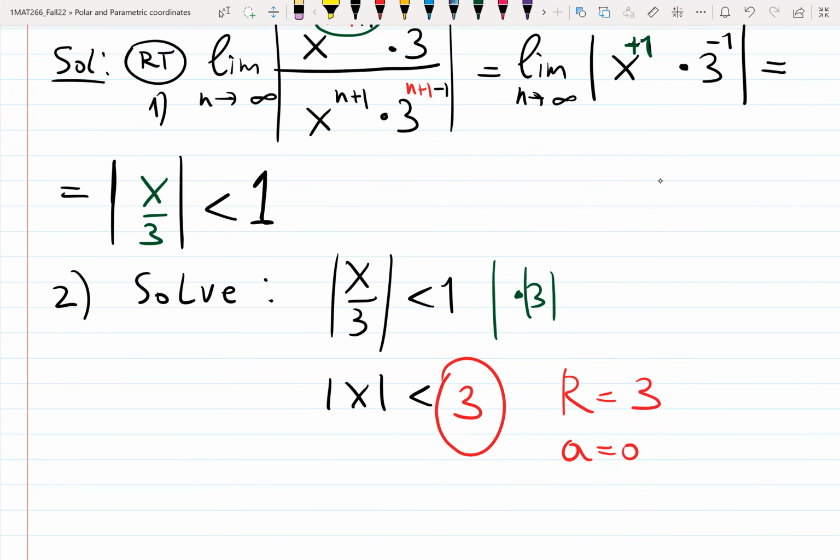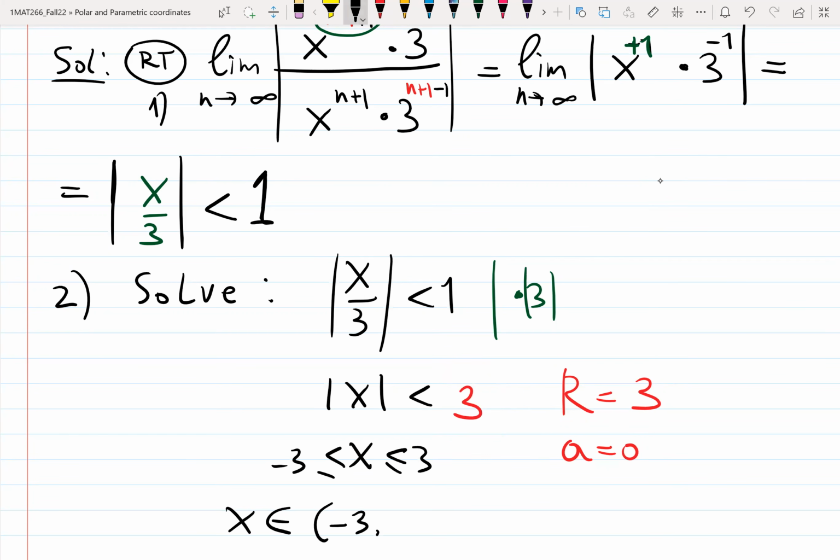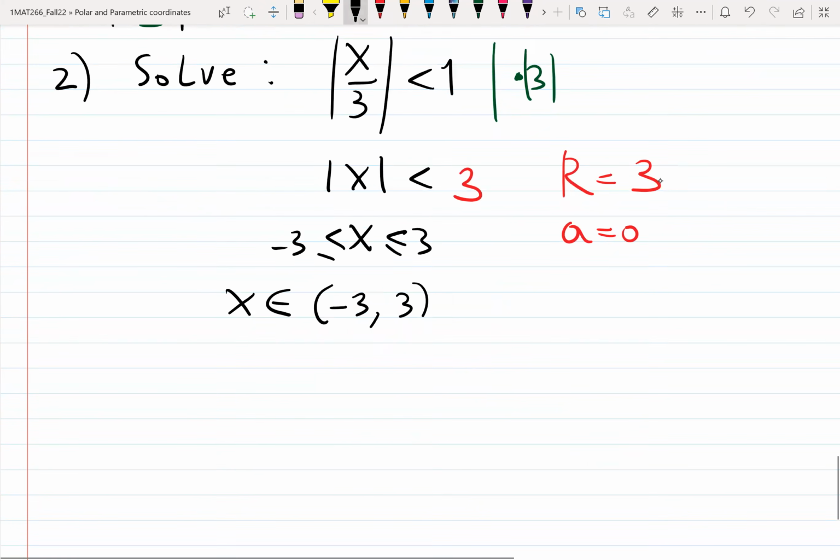Now you can either write that x is between -3 and 3, or that x belongs to the interval from -3 to 3. You don't have to memorize the sign, it won't be required on the test. Answer: the largest open interval of convergence for the series is from -3 to 3.